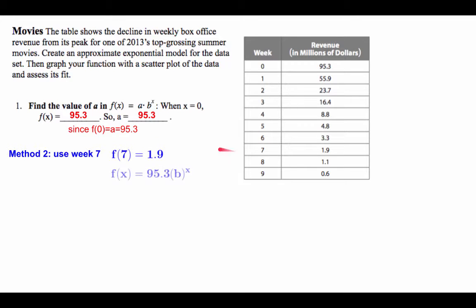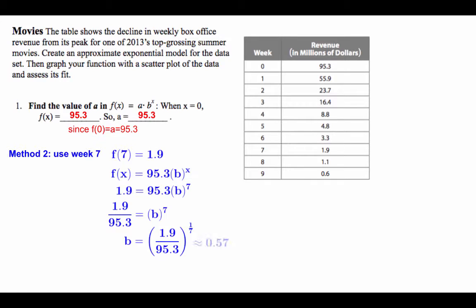So we could plug it back into f of x equals a times b to the x. Because we already know what a is, that's 95.3 right here, and that's the x, and that's the f of x right here. When we plug it in, we end up with this equation. Dividing both sides by 95.3, that's what we have. We take the 7th root of both sides, or the power of 1/7.